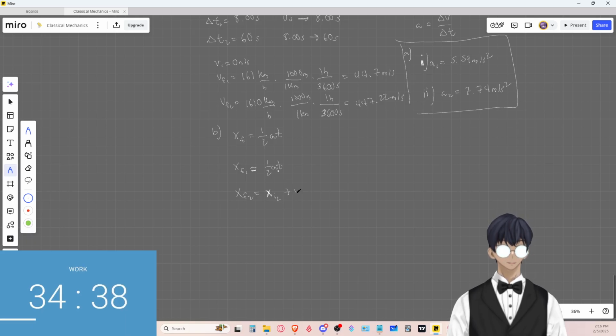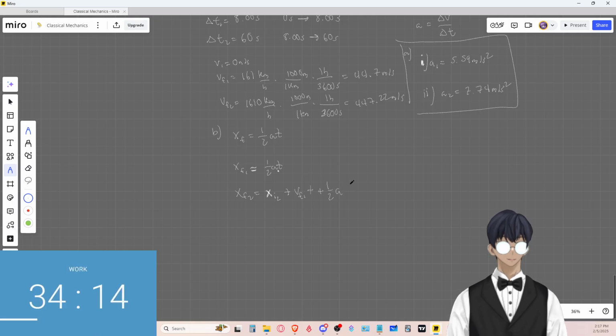So we'll leave that there, so it's easier for me to keep track. So this will be final velocity 1. Yeah, because after the 1 minute, it still has the velocity of the original one.